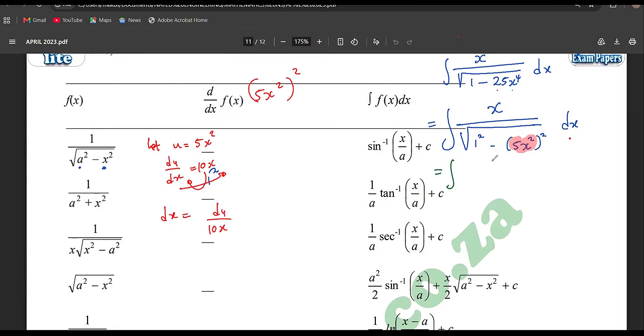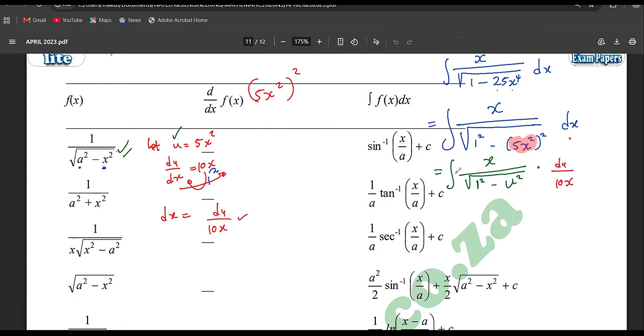You substitute that into this integral. It becomes the integral of x over the square root of 1 squared minus the whole 5x squared, which is our u, so u squared. We want to get to this state, times our dx, which is du over 10x.